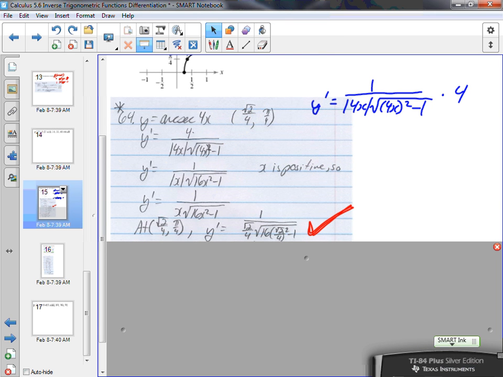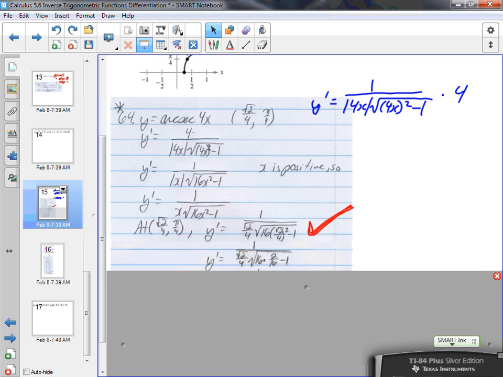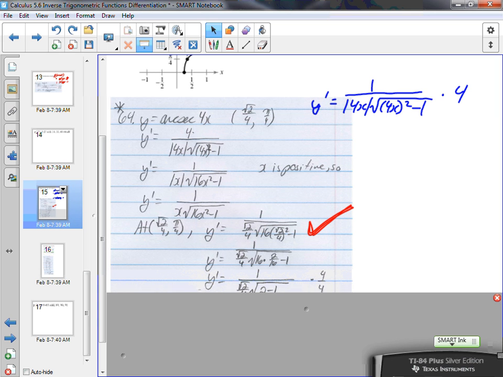Okay. Inside the square root sign, when you square the square root of 2 over 4, you get 2/16. Right? Square the square root of 2, you get 2. Square 4, you get 16. Then the 16s divide out.